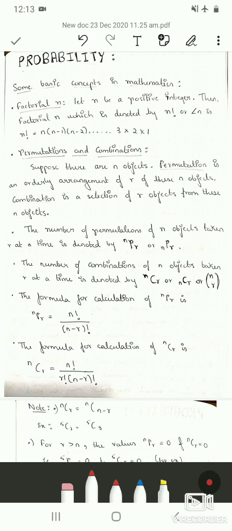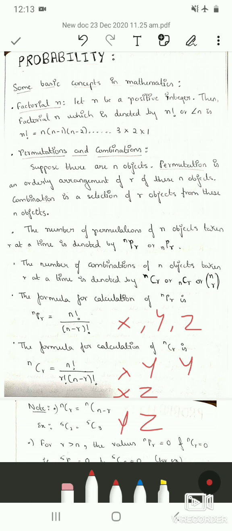Now consider there are 3 friends, for example X, Y and Z, and among these 3 we have to select any 2 for some event. Then the possible selections would be XY, XZ and YZ.